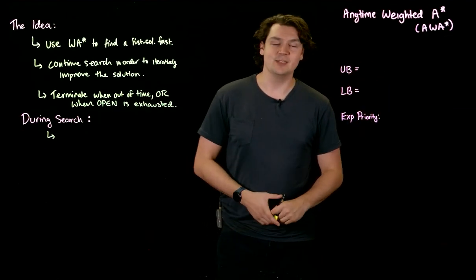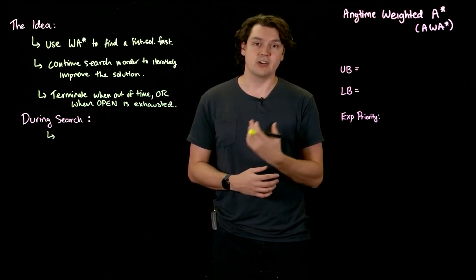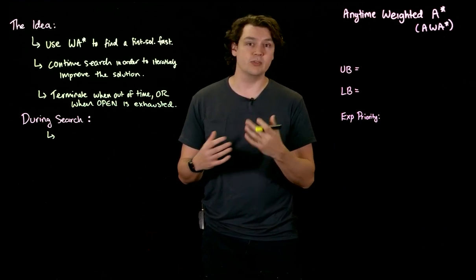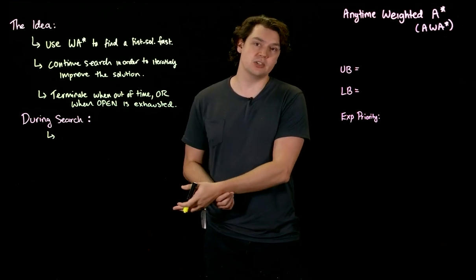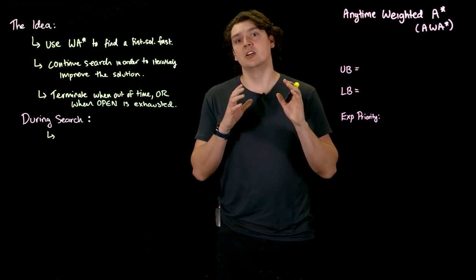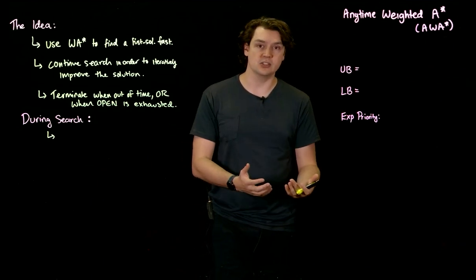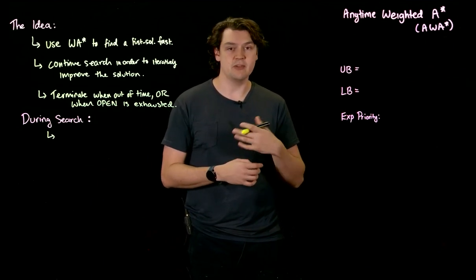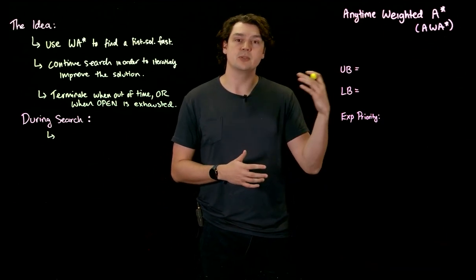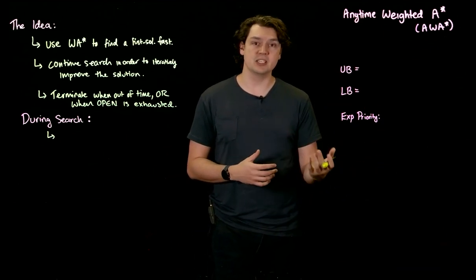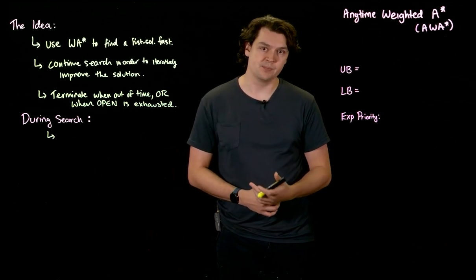So what is an upper bound? Think about this, right? We're doing search. We've found a first solution really, really quickly, okay? We have a cost associated with that actual path. We were conducting search by what we'd be calling FW, the weighted F value. We know that this path is not optimal, but it's the best one we've found so far.